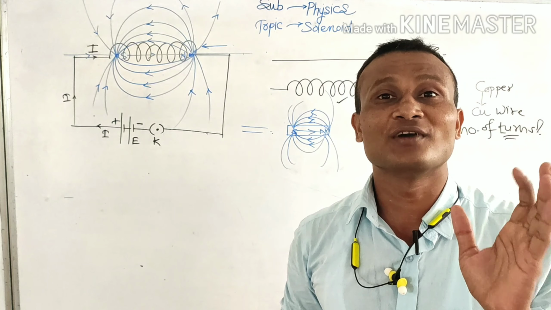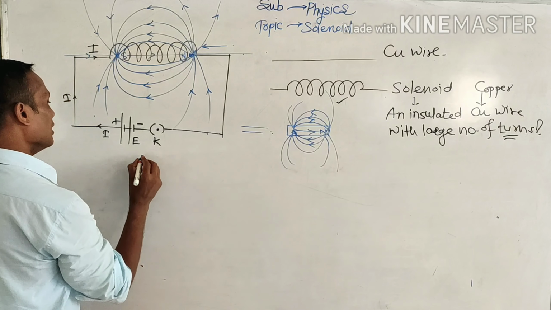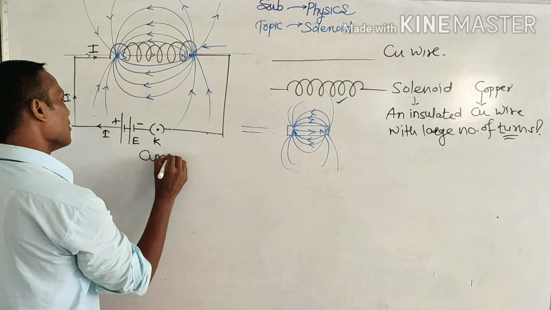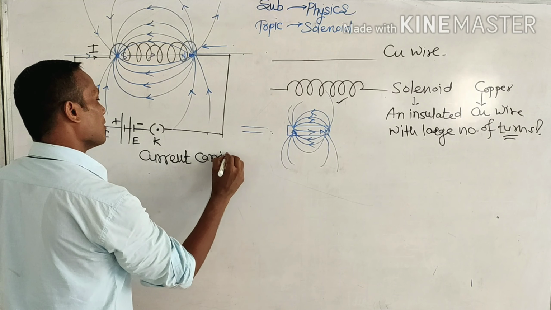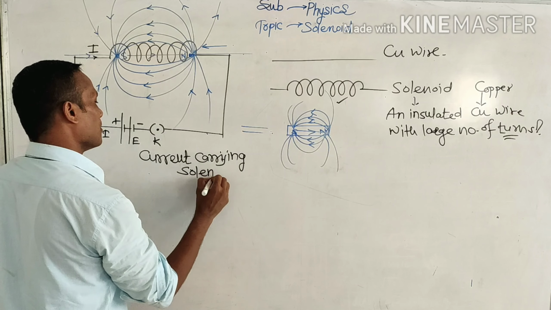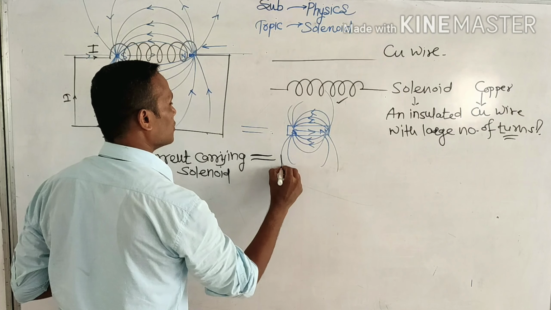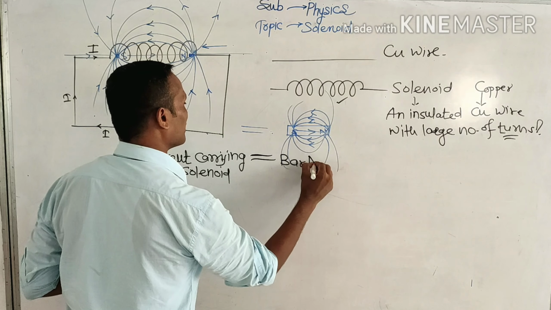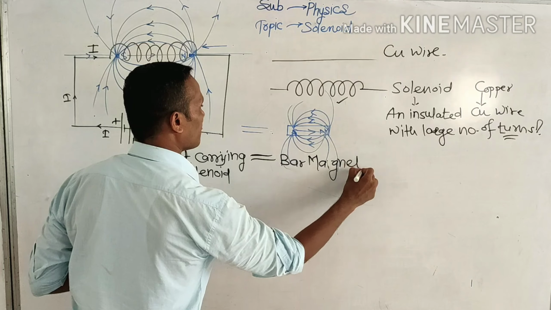Now this is something very interesting. I am going to write on the board. Current carrying solenoid behaves like a bar magnet. Now what will happen if current doesn't flow?